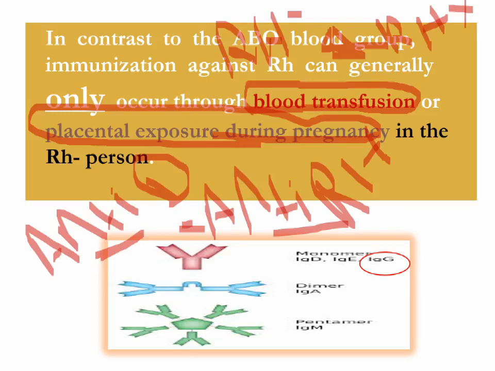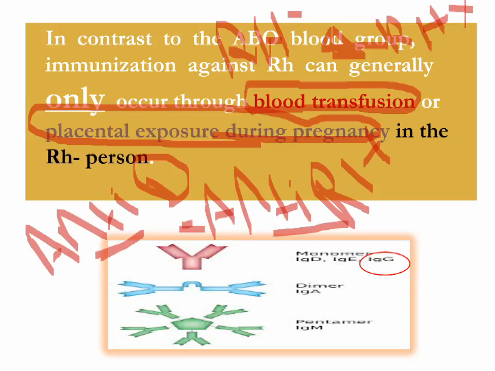So here is a comparison between the anti-Rh or the anti-D compared with the anti-A and the anti-B. You have two properties which you shall study and know: that the anti-A and the anti-B are formed during the first years of life, while the anti-Rh or the anti-D will be formed when your body gets exposed to the D antigen, and this occurs either by a mistake during a blood transfusion or during pregnancy.